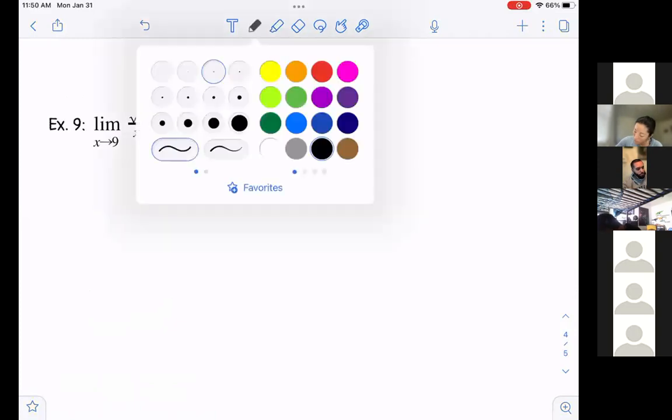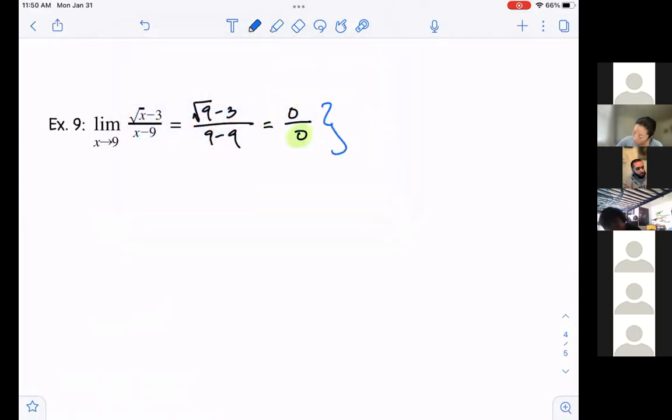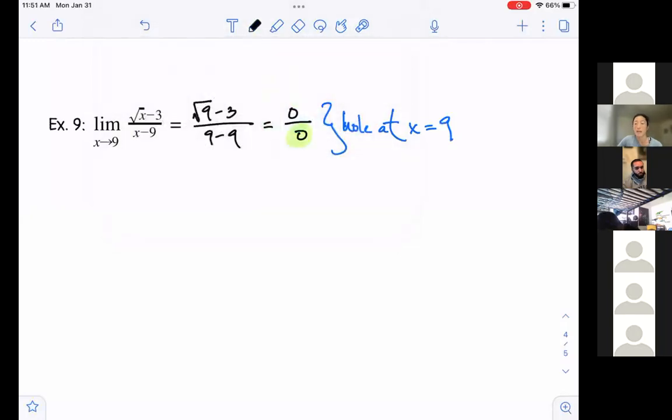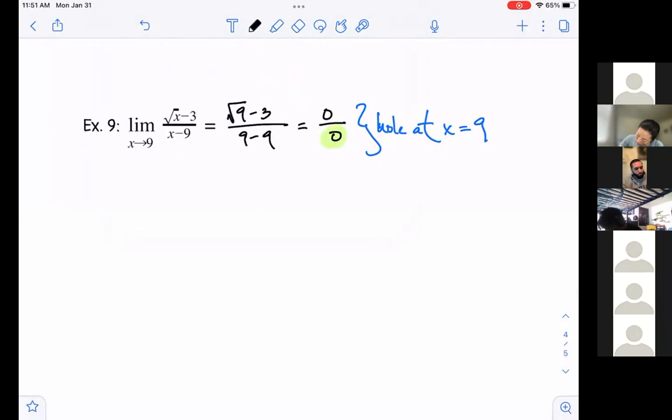Therefore, we have a hole at x equals 9. Since there's a hole, we can't figure out what's happening exactly there, but we want to see what's happening around that area. Let me recopy this problem: the limit as x approaches 9 of (square root of x minus 3) over (x minus 9).